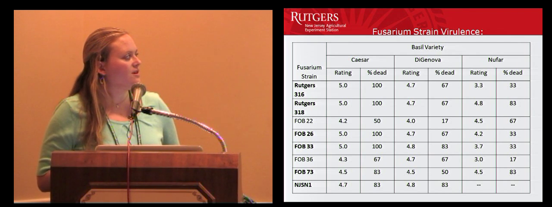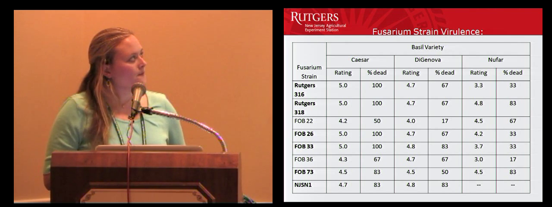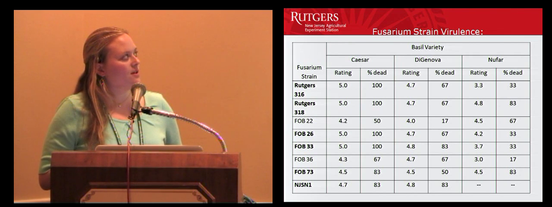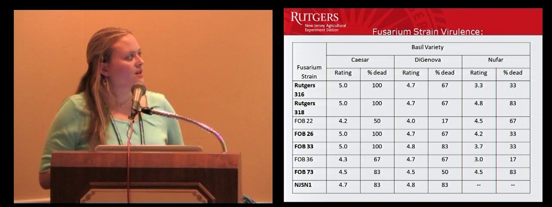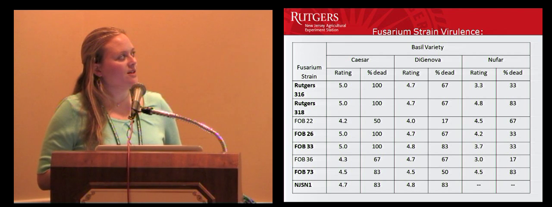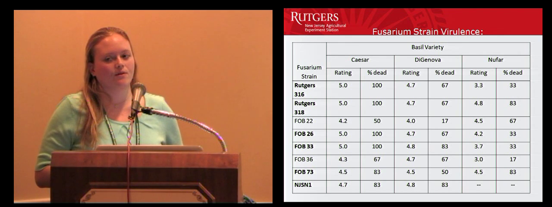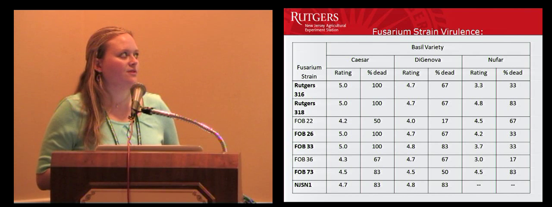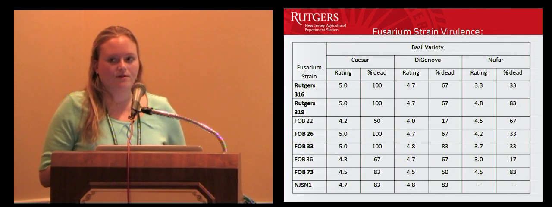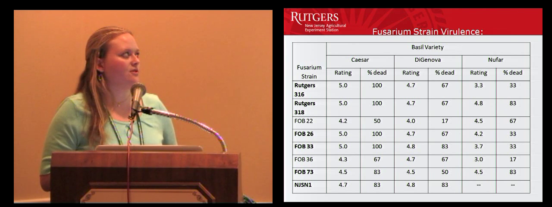So some resulted in 100% death. And as you can see, Caesar was the most susceptible, DeGenova was in the middle, and actually this is a big thing here, the one that we thought was tolerant, resistant, there were large quantities of these that also had died from the procedure.